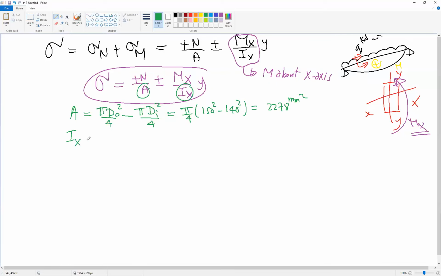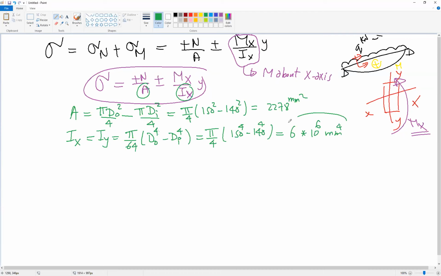For I, because it's a circular section, Ix equals Iy equals pi divided by 64 times d outer to the power 4 minus d inner to the power 4. Pi over 64 times 150 to the power 4 minus 140 to the power 4 gives us an inertia of 6 multiplied by 10 to the power 6 millimeter to the power 4.